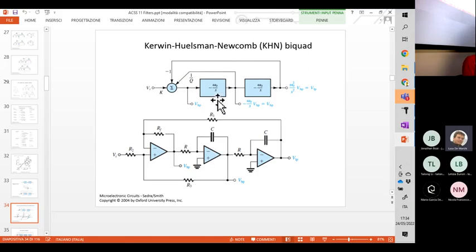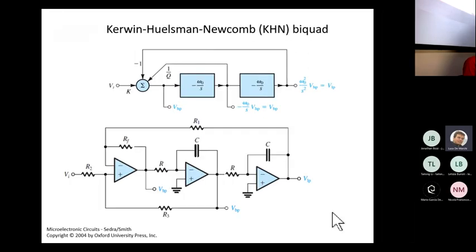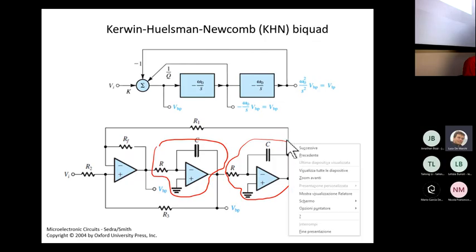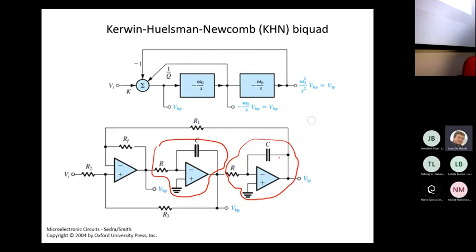Okay, we already know that this functionality here can be realized with this guy. So this is the integrator, which is replaced by this guy. We need a second integrator. Here it is. The output of this integrator is fed back to the mixing circuit, and similarly, the output of this integrator is moved back to this mixing op-amp.